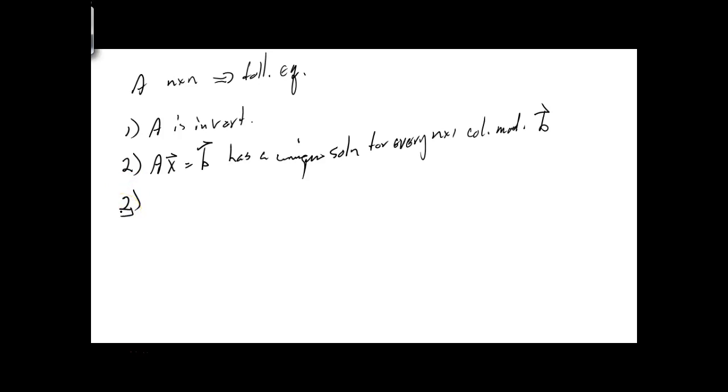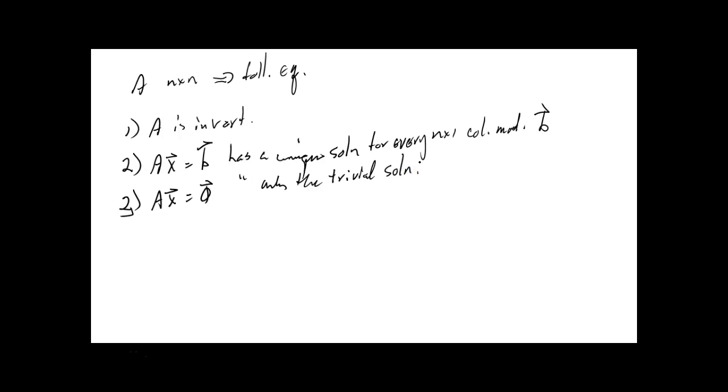Okay? Number 3, AX equals 0. Now that should have been a bold 0. A vector 0 has only the trivial solution.